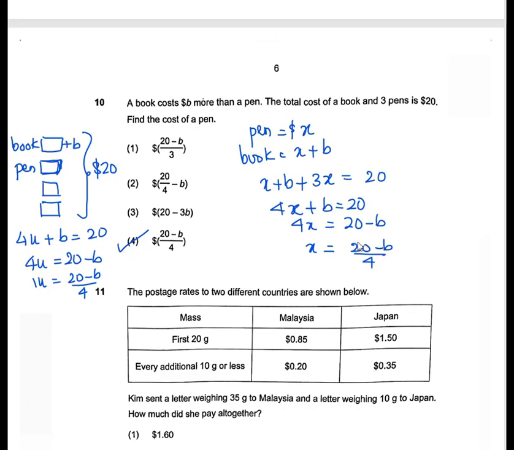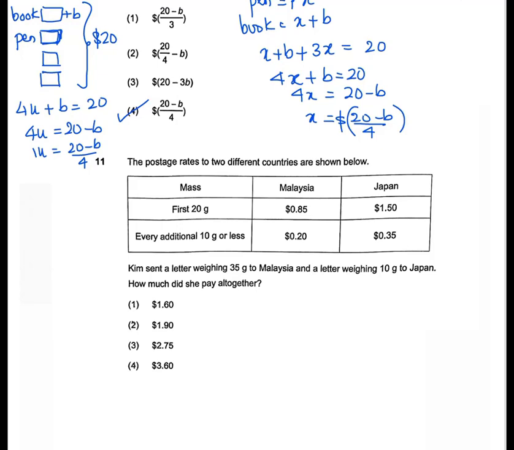So (20 minus B) by 4. So that is the cost of a pen. So that is using algebra. You could use either algebra or model method, whichever is convenient for you, because this is for a primary six.